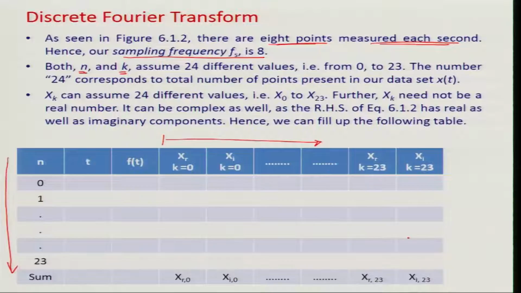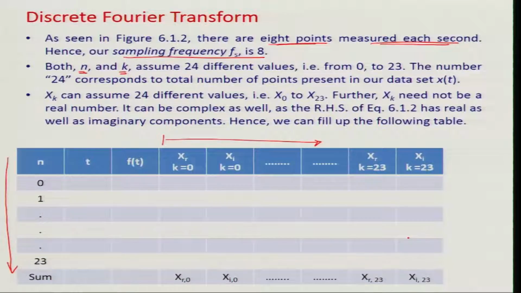So, I have constructed this table which I will use to compute different values of Xk, specifically their real and imaginary parts, and we will learn how to do that. So, that is what it says here, Xk can assume 24 different values from k is equal to 0 to k is equal to 23, and further Xk need not be a real number, it can be complex, as the right-hand side of the equation which we had discussed earlier can have real and imaginary components.